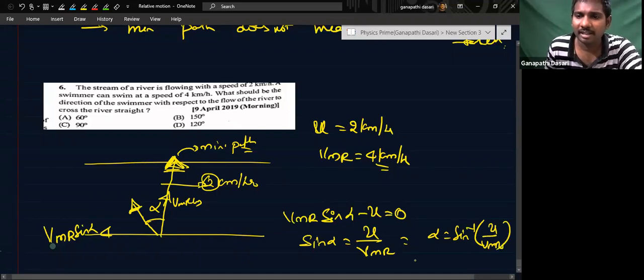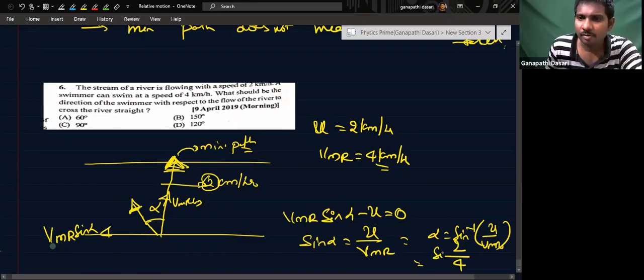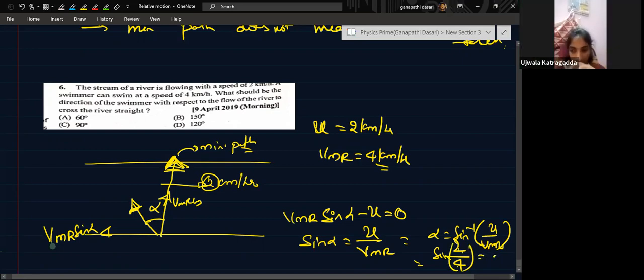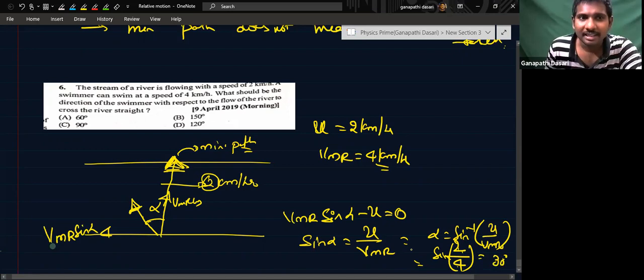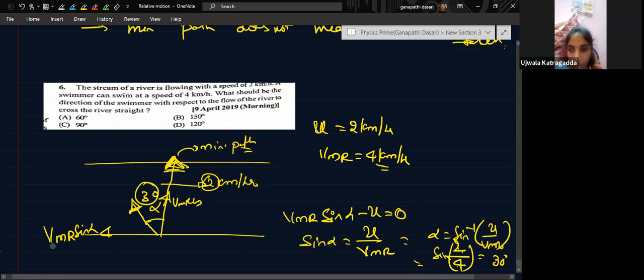But be careful. Find out the answer. What is U here? 2. What is V_MR here? 4. So sin inverse of 2 by 4 is how much? 30 degrees. But don't go blindly. If this is 30 degrees, look carefully at what the question asks.